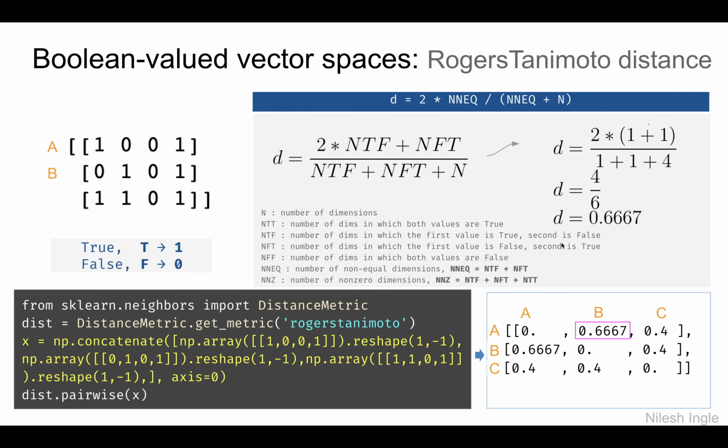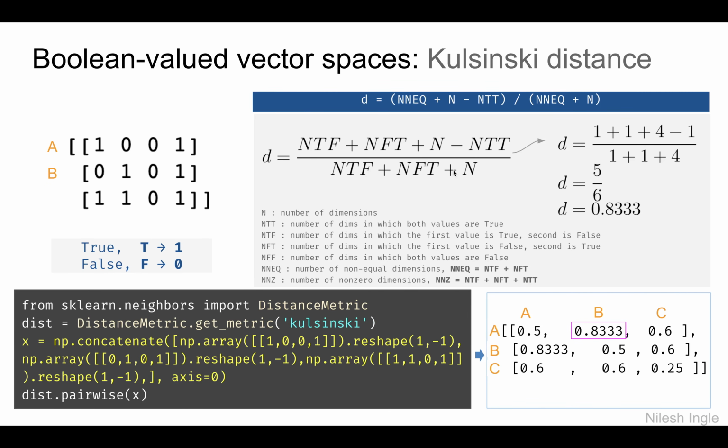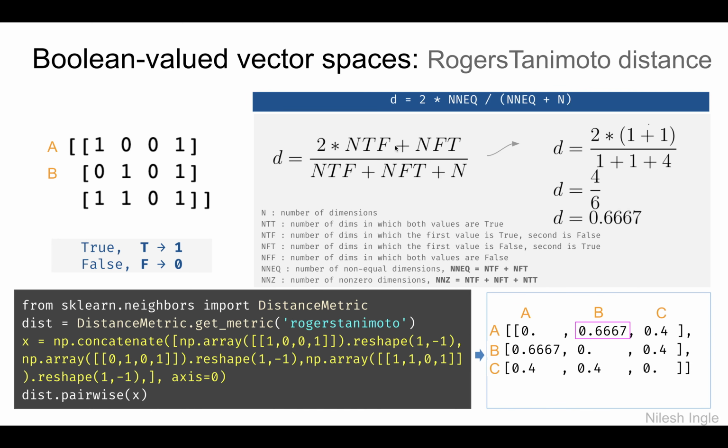Next, let's look at Rogers-Tanimoto distance, and this is given by the relation shown here. As seen on the previous slide, the denominator is the same, except now in the numerator we are multiplying by 2.